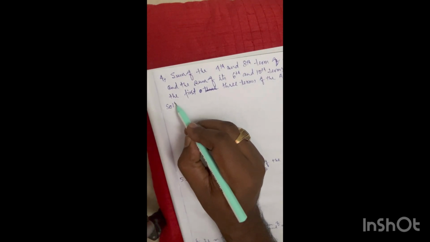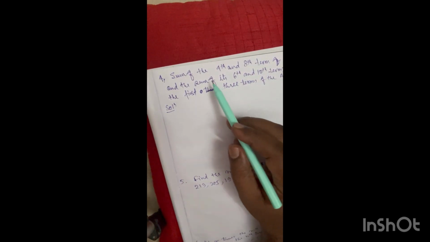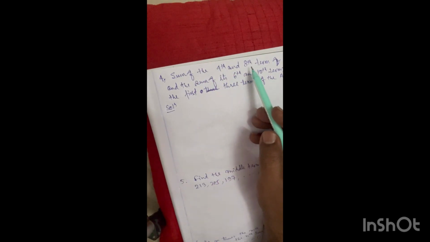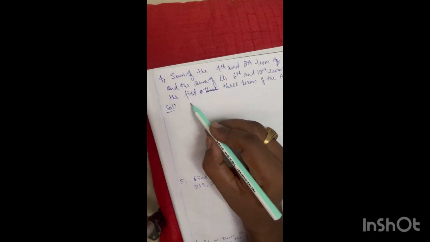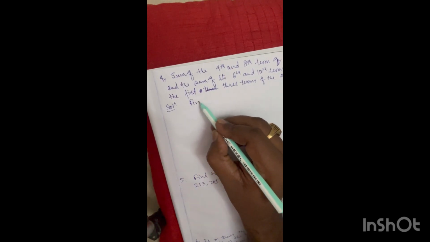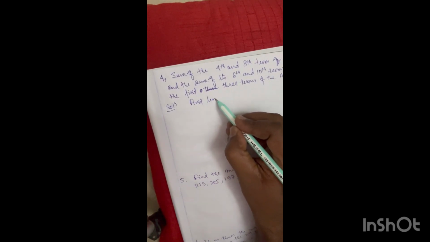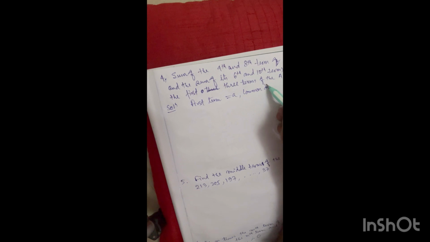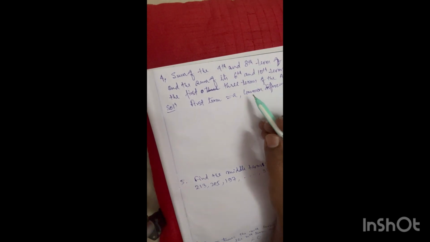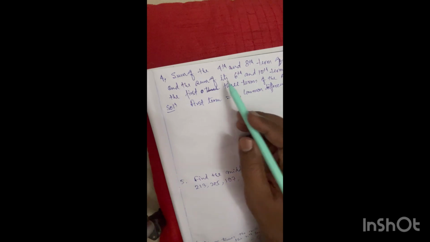Since we are talking about an AP series, we can assume the first term of that AP is A and the common difference is D.